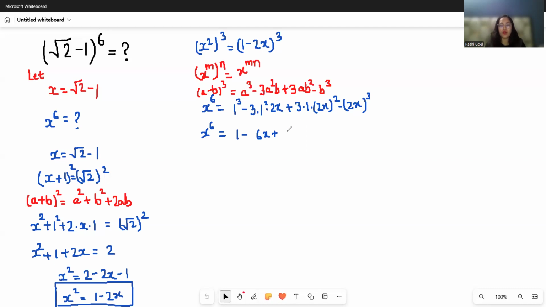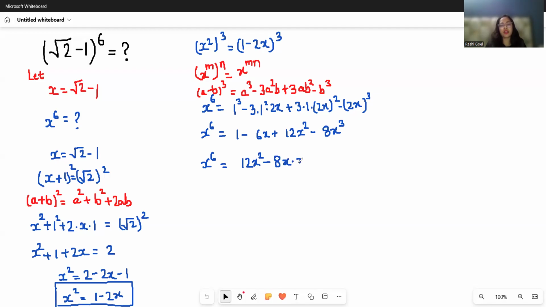So it becomes 4 times 3, 12, and here x is also there, so it becomes x square, minus 2 cube is 8 and x cube is x cube. So it becomes 8x cube. Now x power 6 equals 12x square minus this 8x cube.